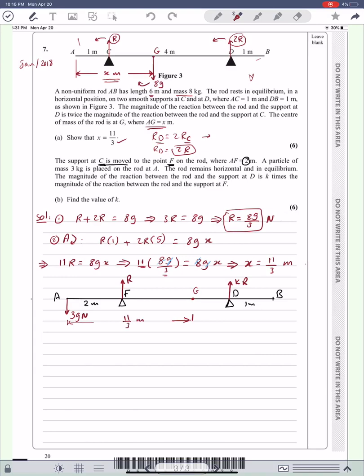He told us and we did show it in part A. So this didn't change. The center of mass does not change. Good.